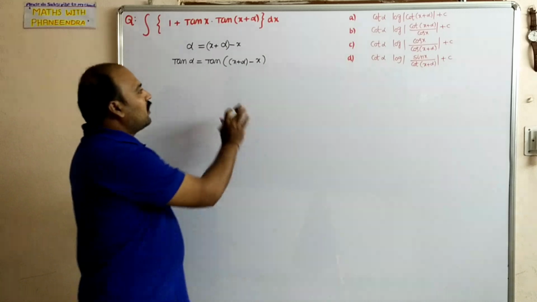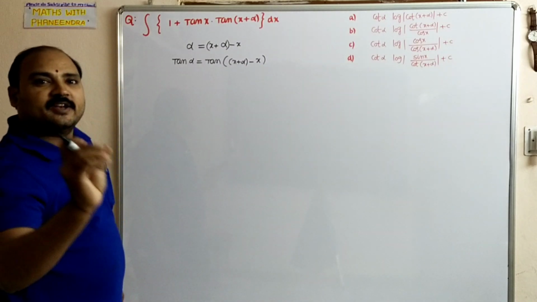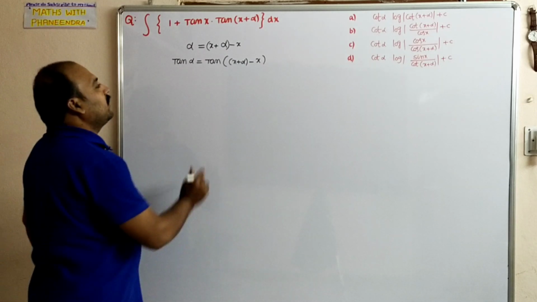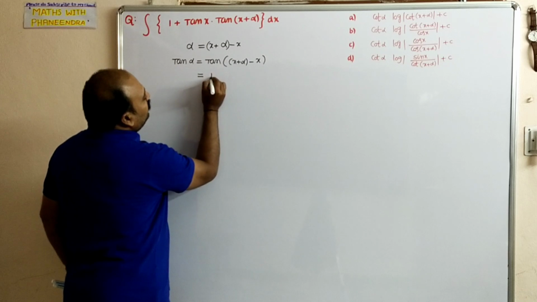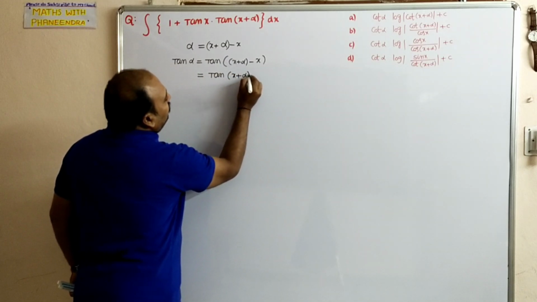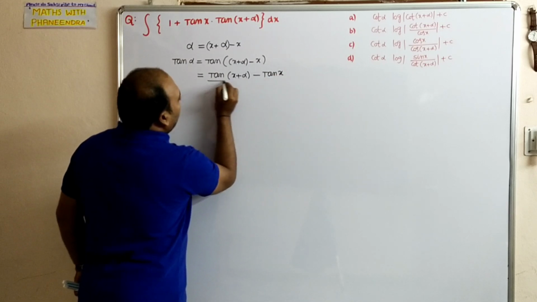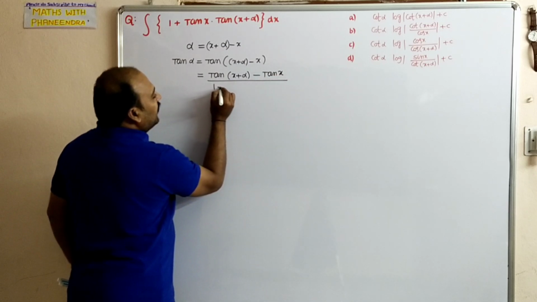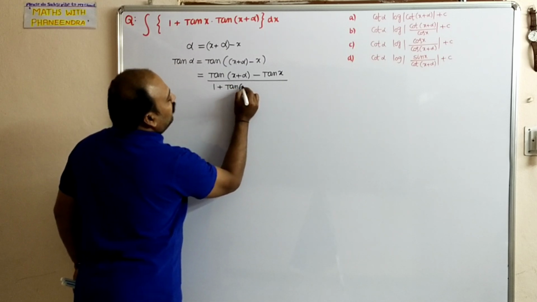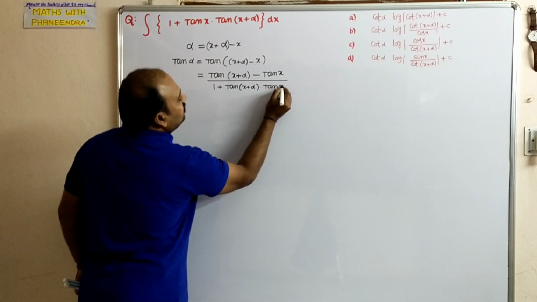It is in the form of tan of a minus b. We know that tan of a minus b is tan a minus tan b by 1 plus tan a tan b. So which is equal to tan of x plus alpha minus tan x, whole divided by 1 plus tan of x plus alpha into tan x.